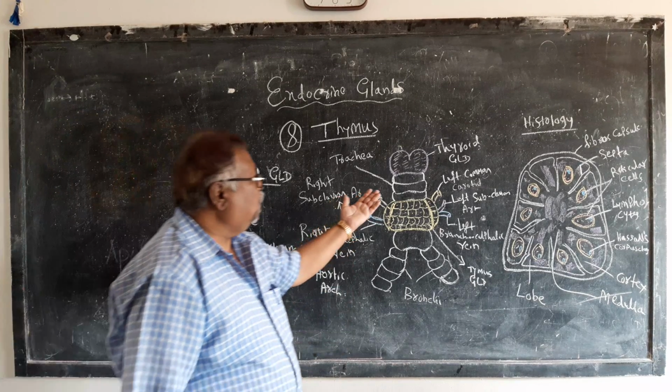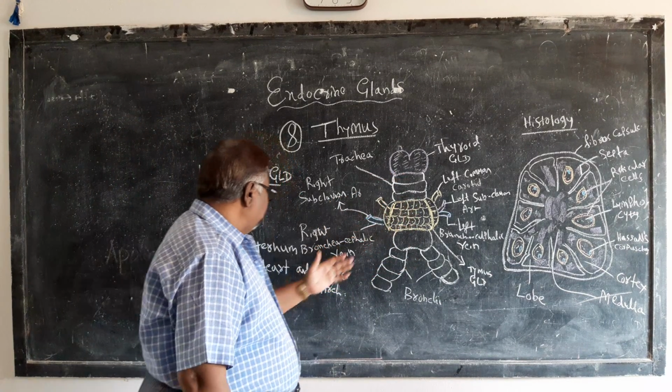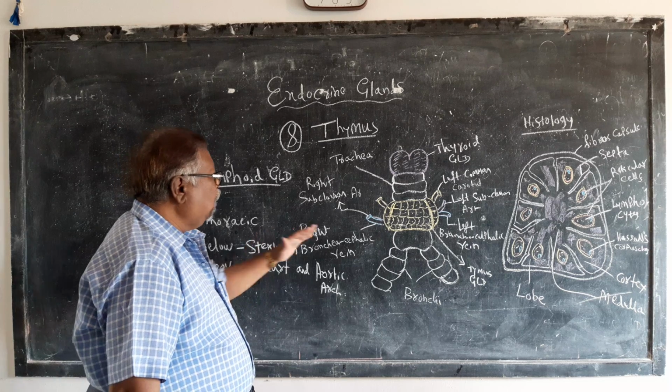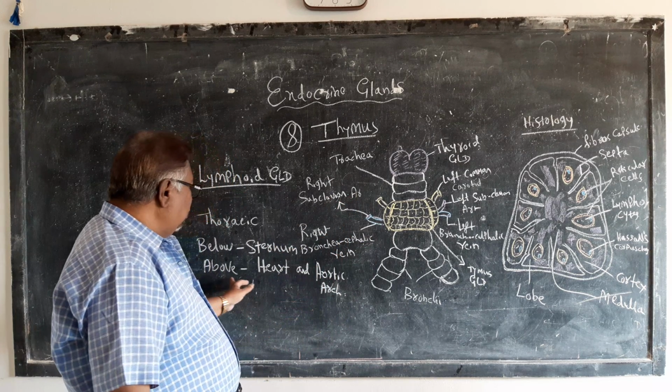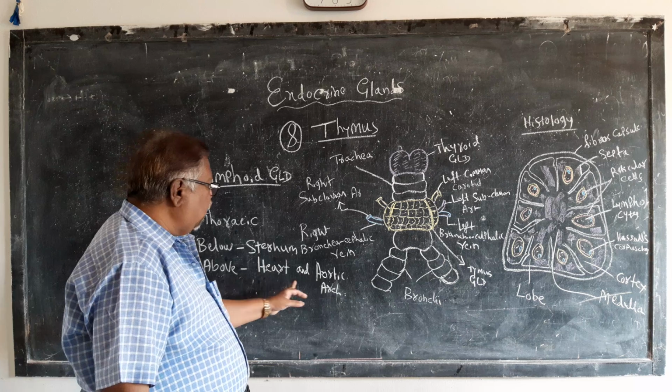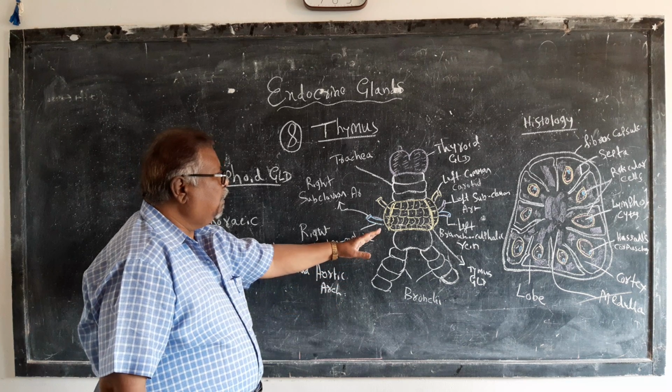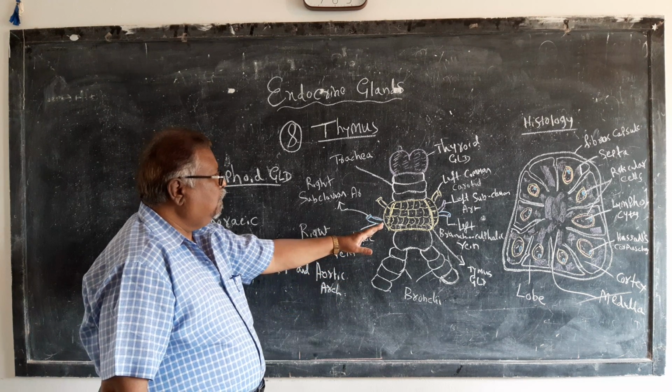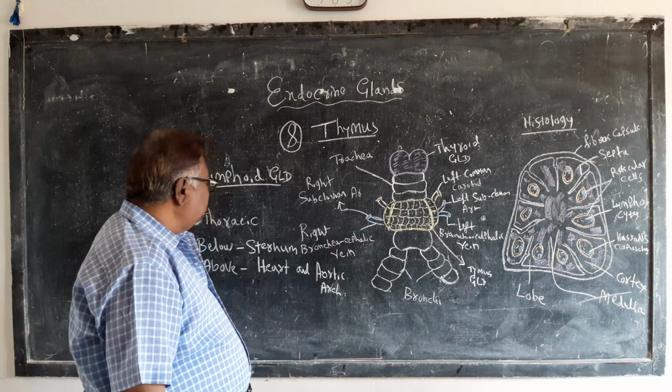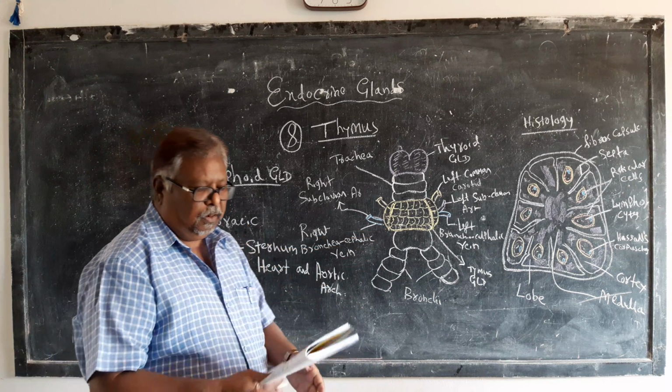So on the front side of this is the sternum, and behind this is the heart and aortic arch. Above the aortic arch and heart, this thymus gland is situated in the thoracic region.